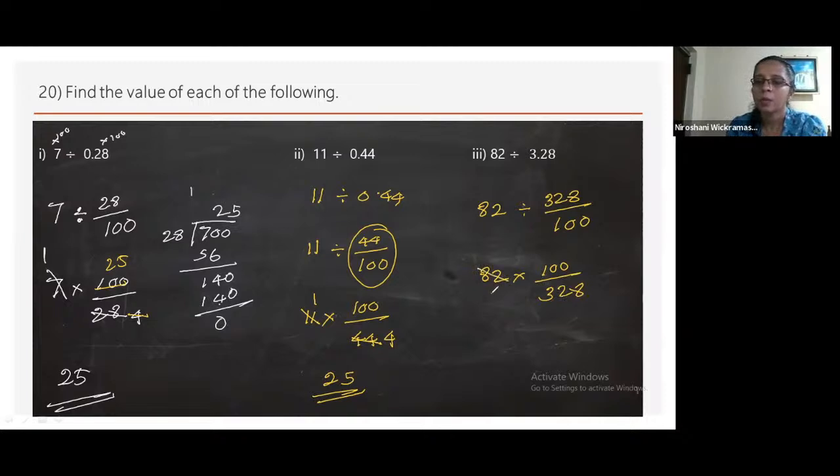How many twos in 82? 41. How many twos in 328? 164. Then 4, 40, 4 times 41 is 164. Yes, there are 4. Divide this by 4: 25. Here also the answer is 25.